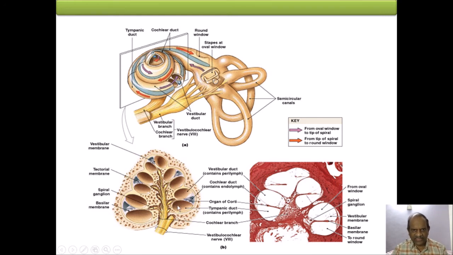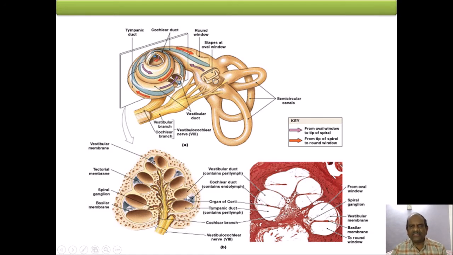You can see here the three chambers: the upper one, the scala vestibuli, then the scala media, and the scala tympani.